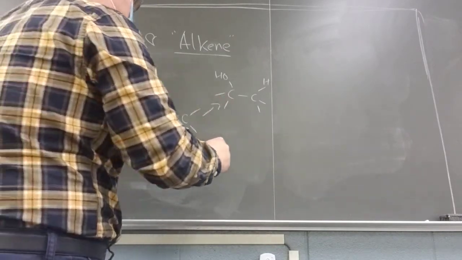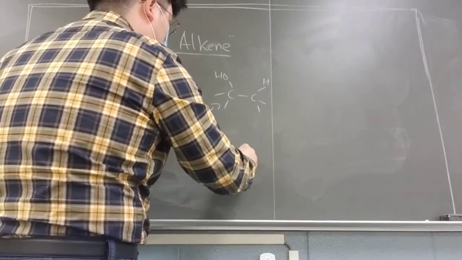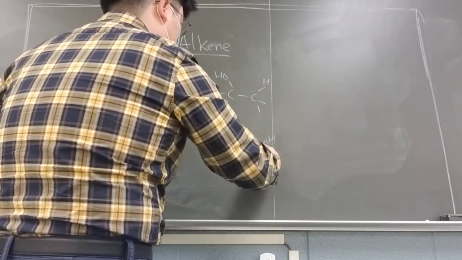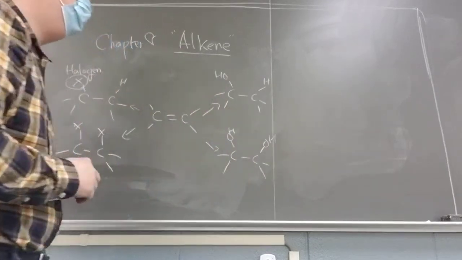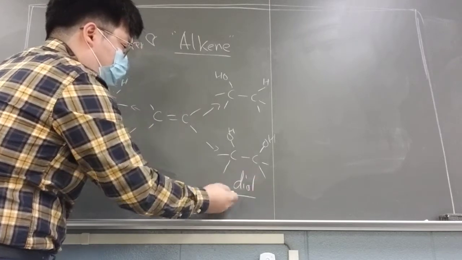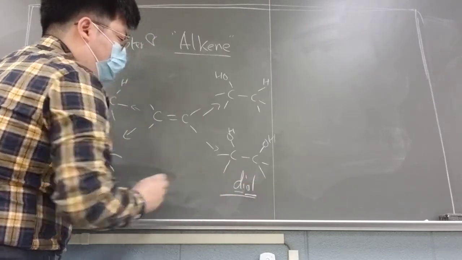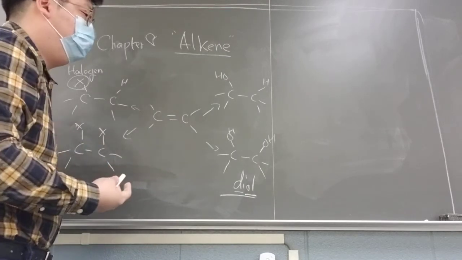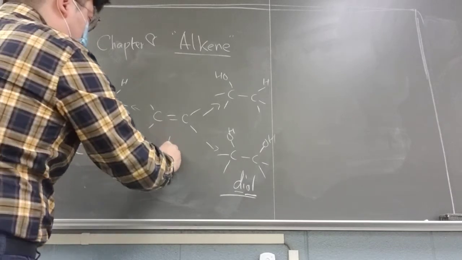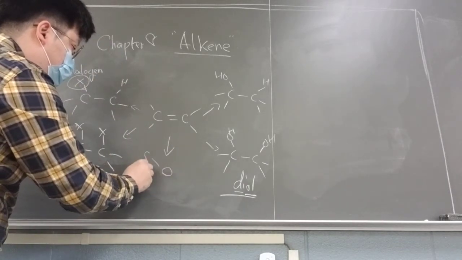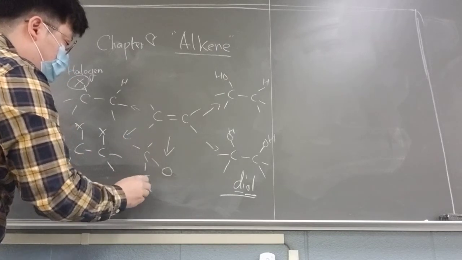This one, you can also make two hydroxy groups on those two carbons, which we call a diol. So diol simply means two alcohols. OL is the last two syllables of alcohol, and di means two. So you can make a diol. Sometimes you can make some epoxide. Okay.